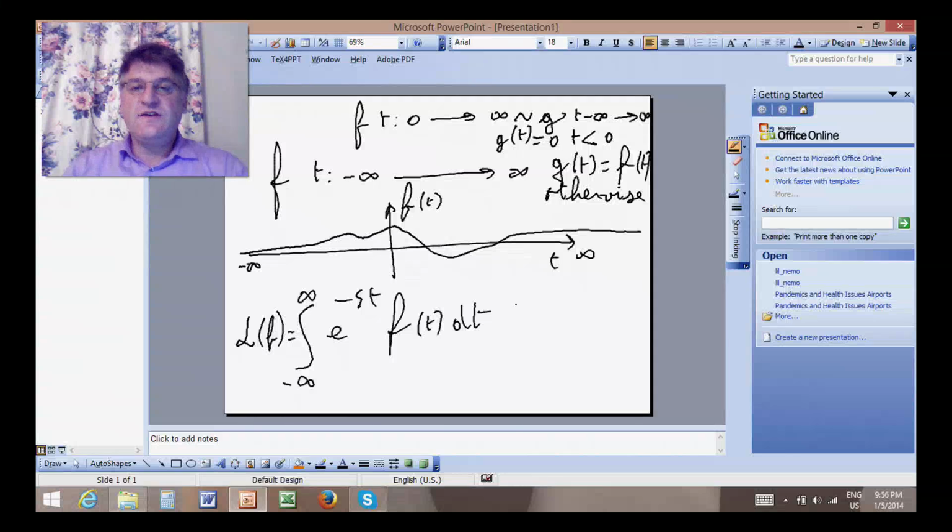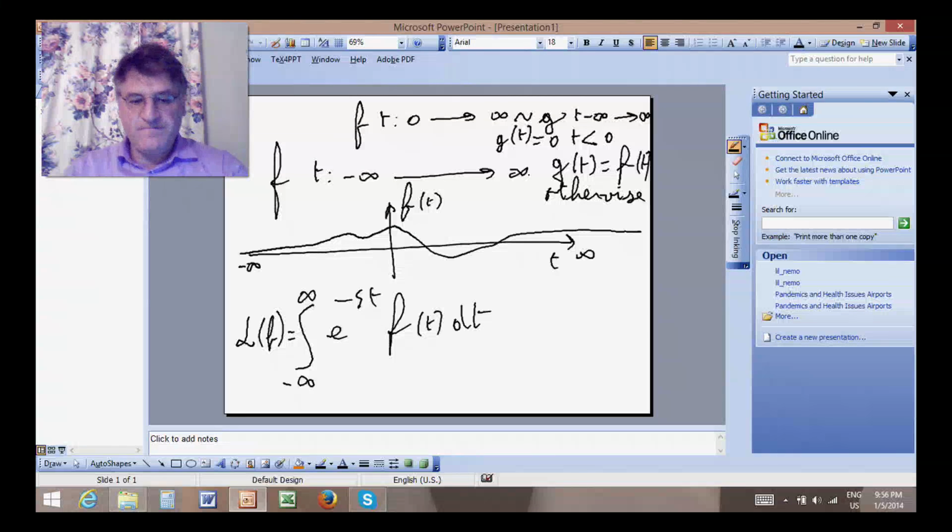And so that allows us to map everything together and obtain a single operational framework for the Laplace transform.